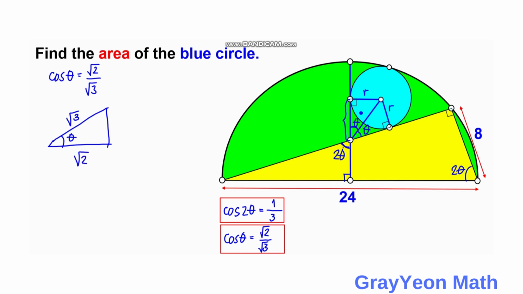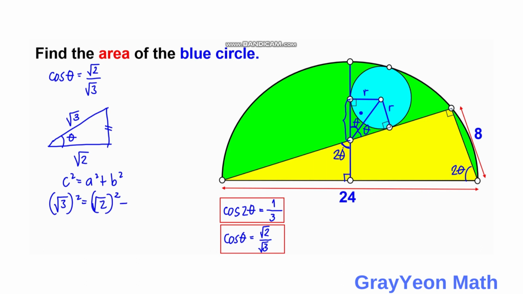So if we try to get this side, then we just need to use the Pythagorean theorem. The hypotenuse is square root of 3. Using the Pythagorean theorem, we have c squared is equal to a squared plus b squared. So c is equal to square root of 3, and the side a could be square root of 2.